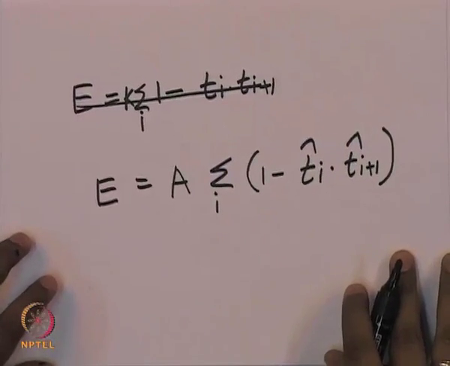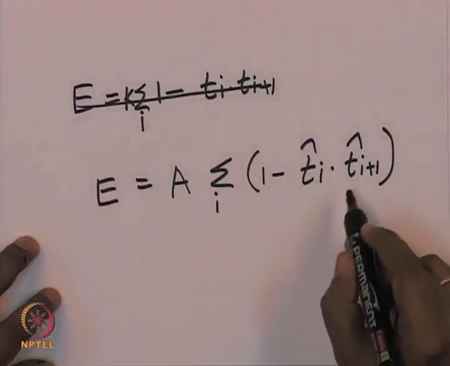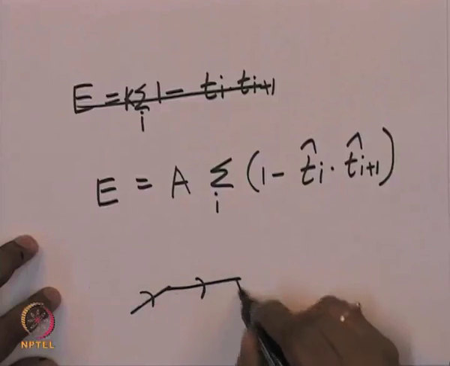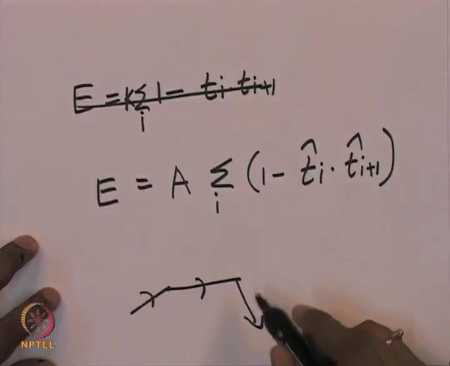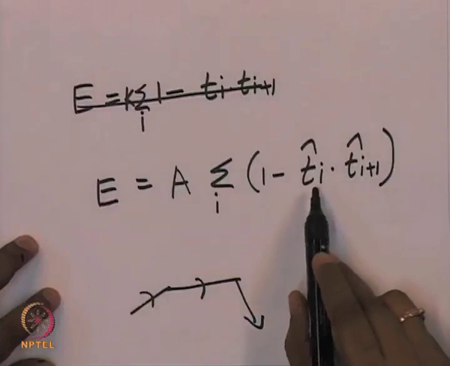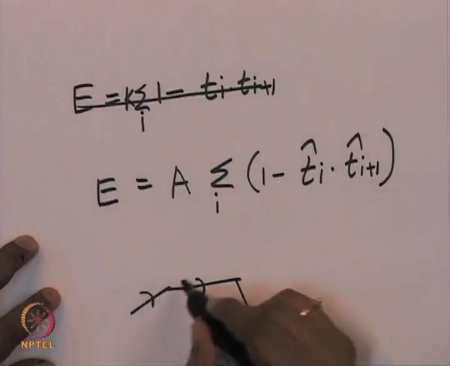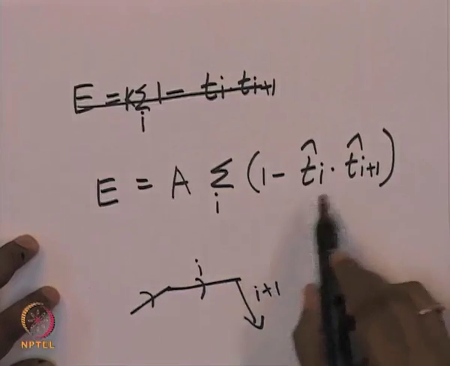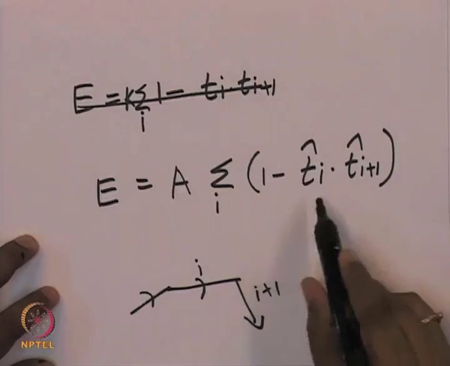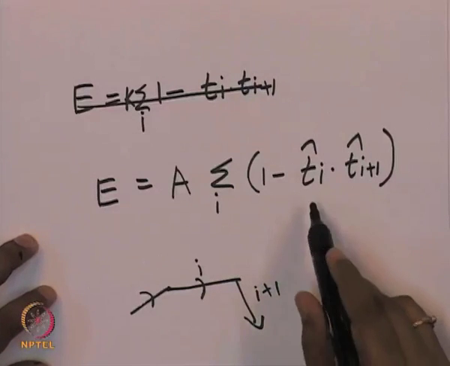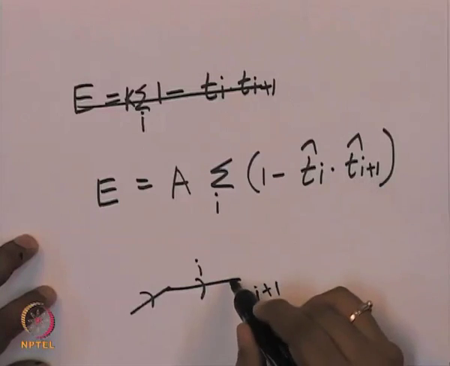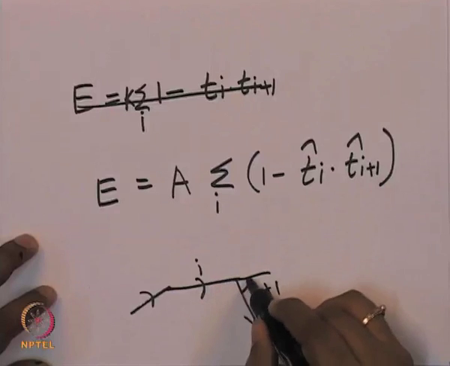What does this mean? T_i dot T_(i+1), if you have tangent vectors like this, is the product between two tangents. If this is the ith tangent vector and this is the (i+1)th tangent vector, then since A dot B is A B cos theta and these are unit vectors, T_i dot T_(i+1) is basically the cos of the angle between these two.